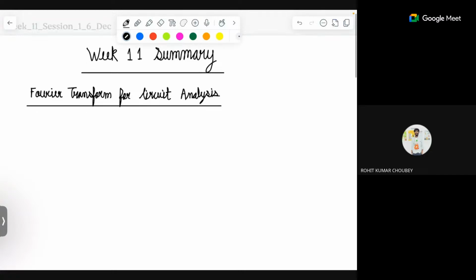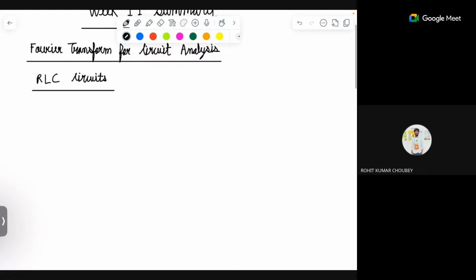In particular, we will be discussing it with respect to RLC circuits, circuits which only have resistor, inductor, or capacitor along with battery or current source. Now let us write the impedance in RLC circuits.